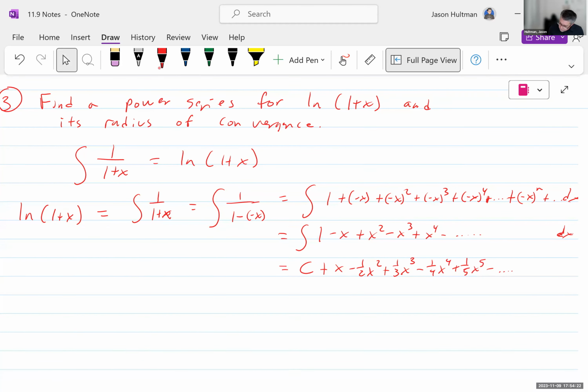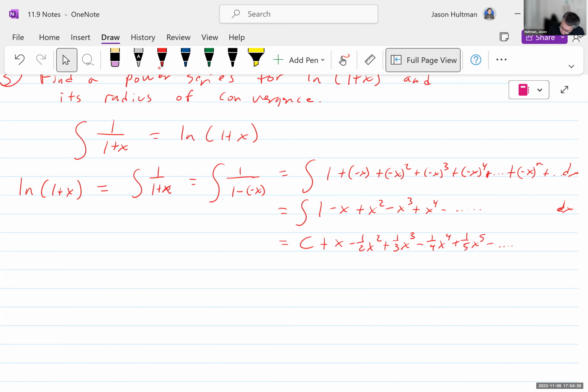Okay, after we integrate, let's look for a way to write this as a series. So C plus the summation of what? Well, if we start with n equals 0, we would have to do an alternating series of negative 1, but I want that to start off positive and then go negative.